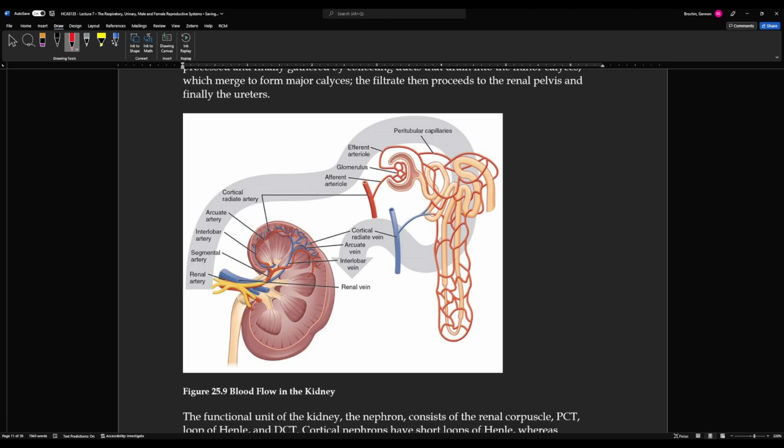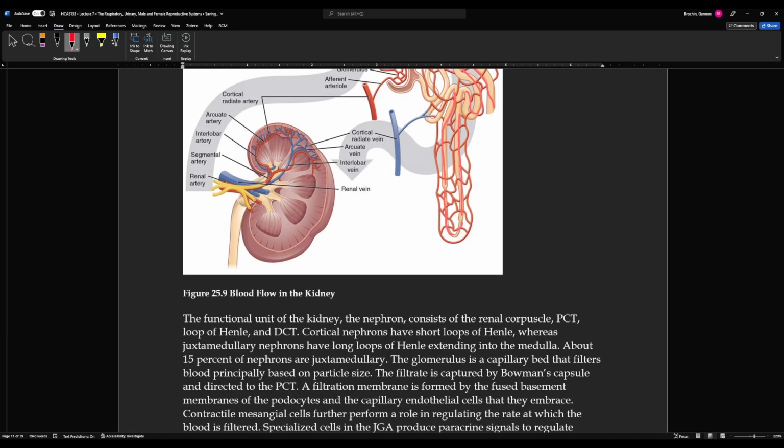Stuff will then enter into this guy here, the proximal convoluted tubule. It will then drain down the thick descending loop of Henle and then the thin descending loop until it gets to the ascending loop of Henle and then the distal convoluted tubule, and then it actually does drain at that point.